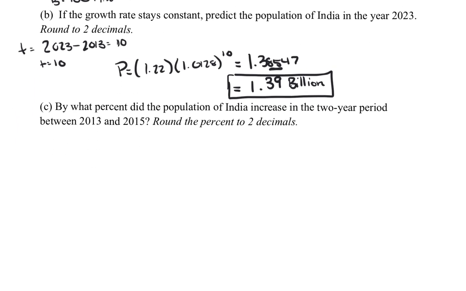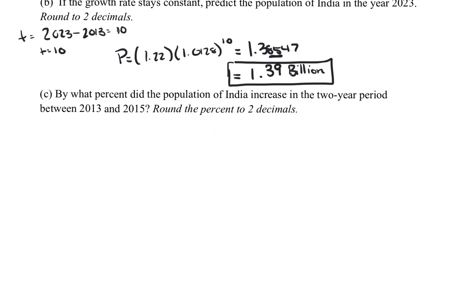All right, part C. What percentage did the population of India increase in the 2-year period between 2013 and 2015? So for this problem, we know that in 2013, the population was 1.22. And so what we need to find is what the population in 2015 was.